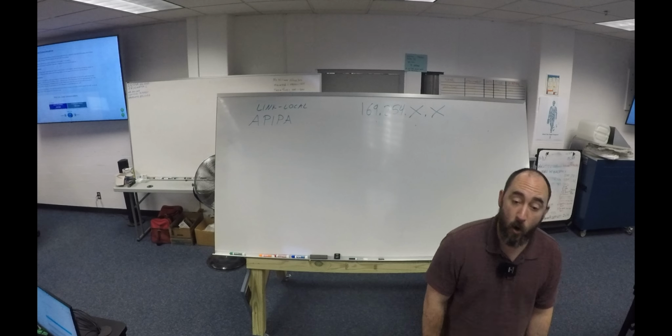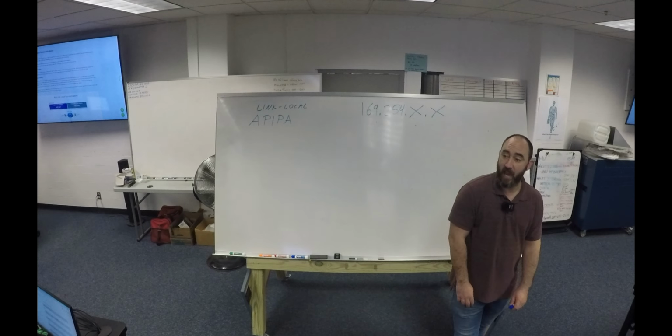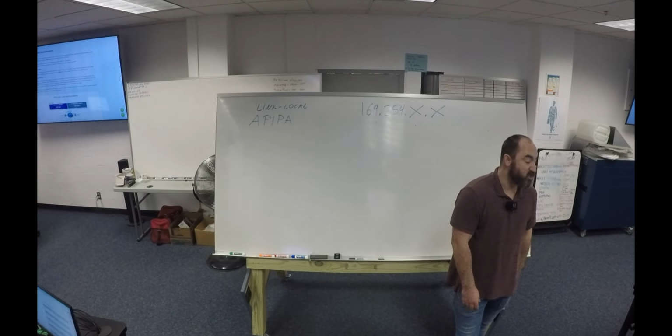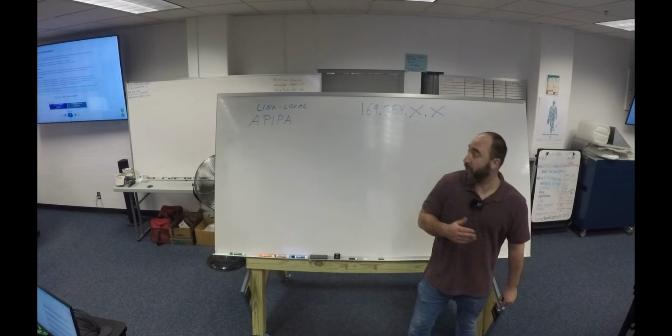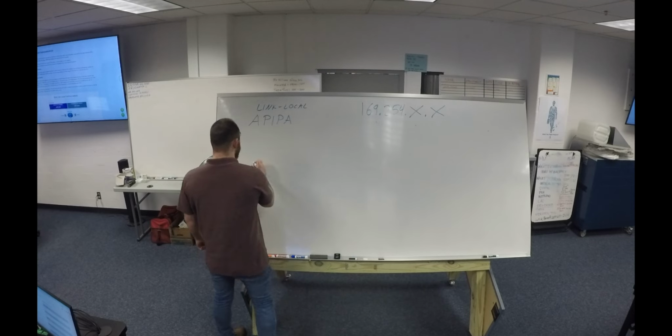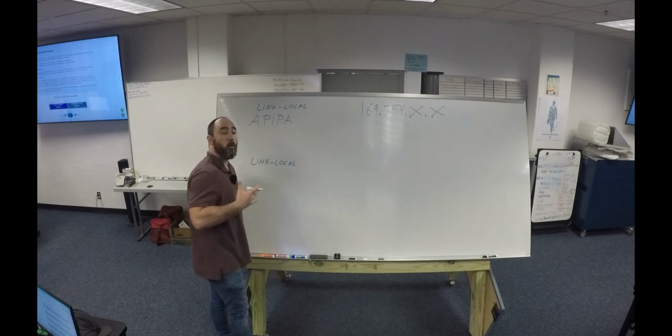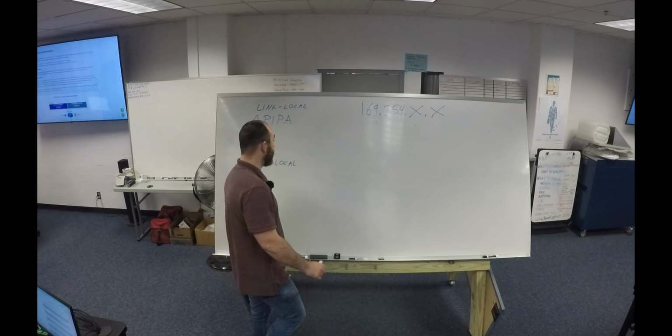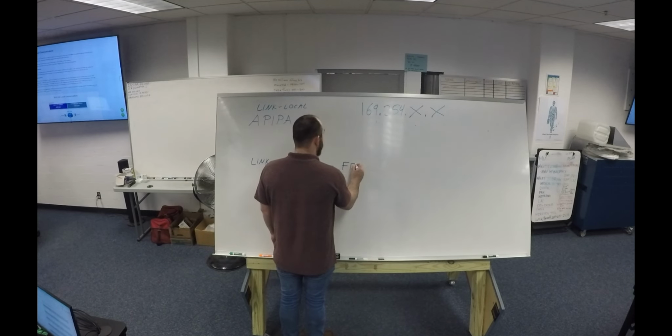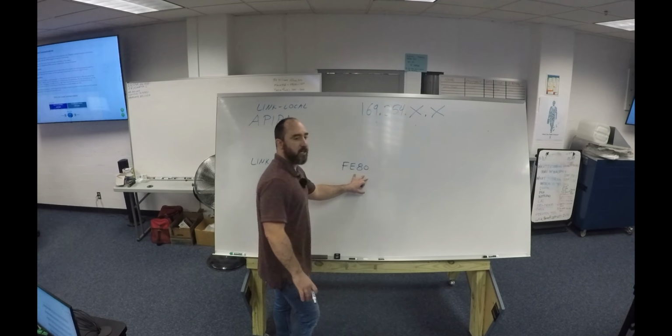Now, there are so many IPv6 addresses that your computer is going to have two of them. It's going to have a link local address to allow it to communicate locally with devices on the network. And that's going to start with FE80. That first hextet is all you care about.